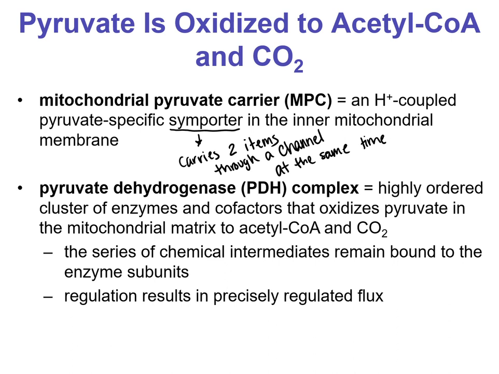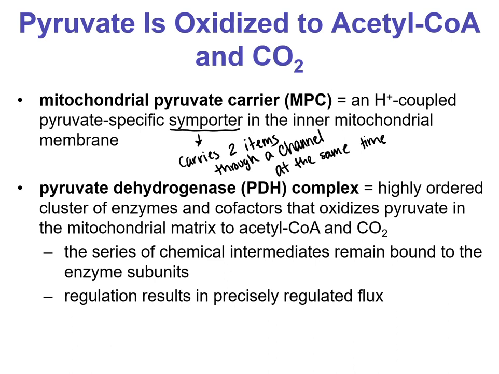So it carries a hydrogen and it carries pyruvate, and it pumps those things into the inner mitochondrial membrane. I say pump, but I don't want to say it's active like that. The pyruvate and hydrogen go along for the same ride to get into the inner mitochondrial membrane.